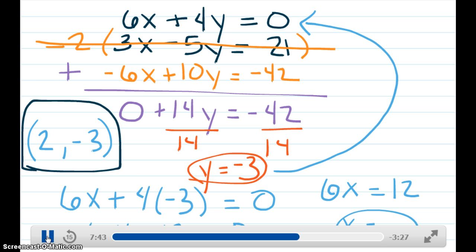So that is how we do a problem when we have to multiply so we can get our positive and negative of the same number. So let's do one more. So let's do our last example, 2x plus 3y equals 19.